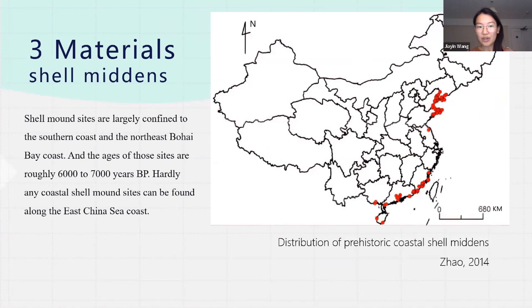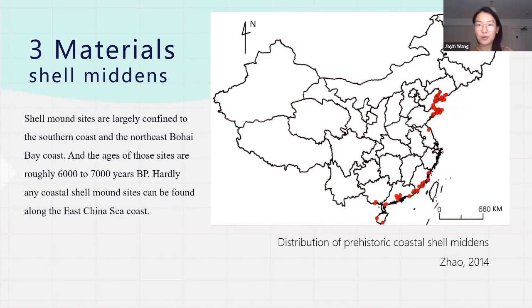Basically, all the shell midden sites are confined to the southern coast and the northeast Bohai Bay coast. The age of those sites is roughly earlier than or at 6,000 to 7,000 BP. Basically, no coastal shell midden sites have been found along the East China coast.